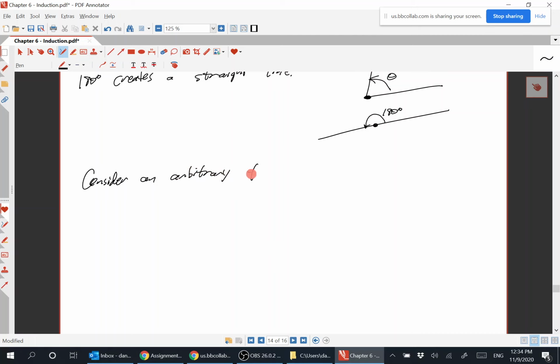Nobody's seen this before? I haven't, no. So I've got my triangle here, and we're going to have three angles: alpha, beta, gamma.